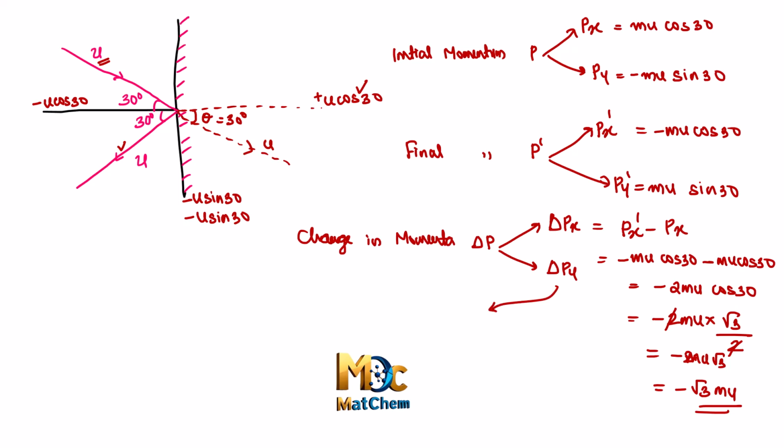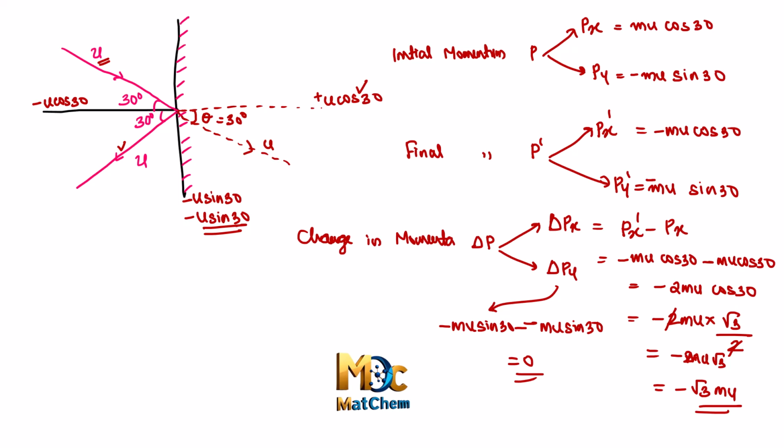If you consider delta Py, this is minus mu sin 30 in both cases because the y component is negative. So that is final momentum minus mu sin 30 minus initial momentum minus mu sin 30, so minus mu sin 30 plus mu sin 30, which is equal to 0.